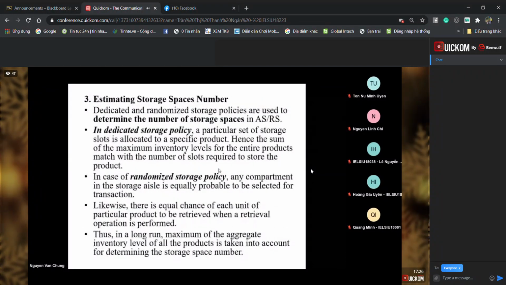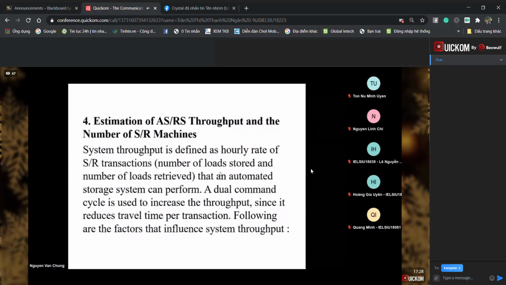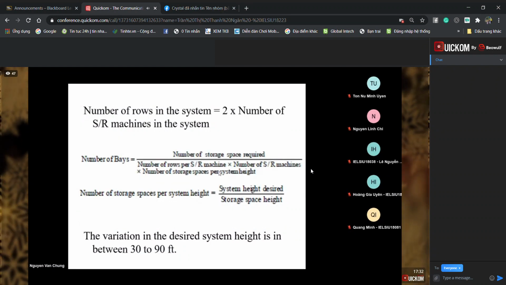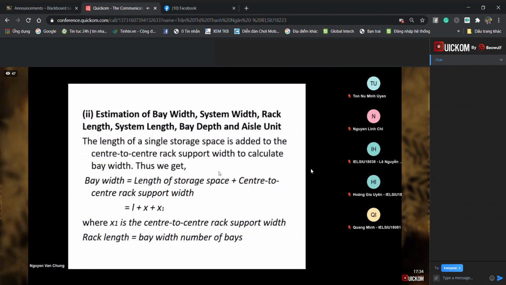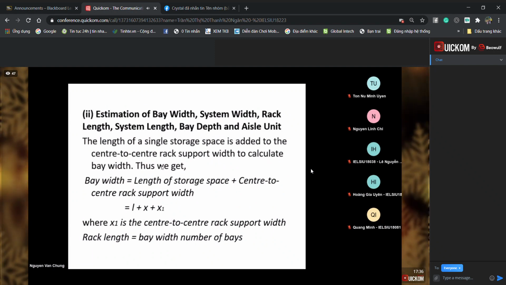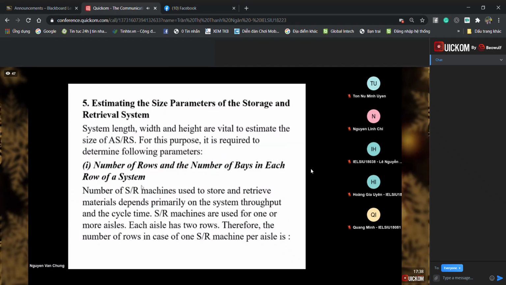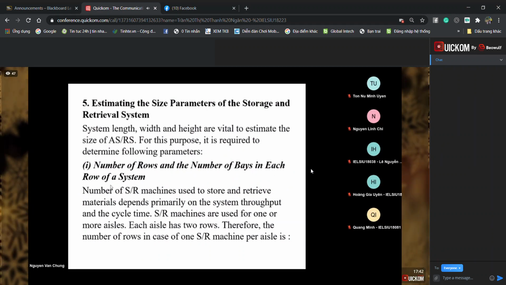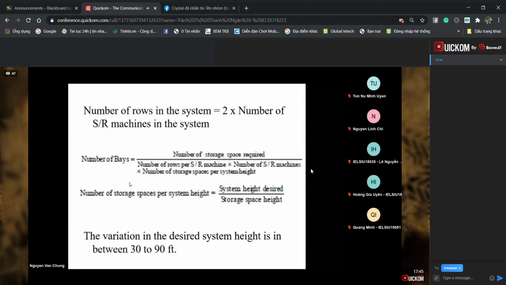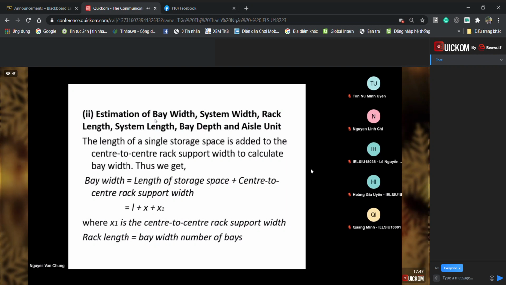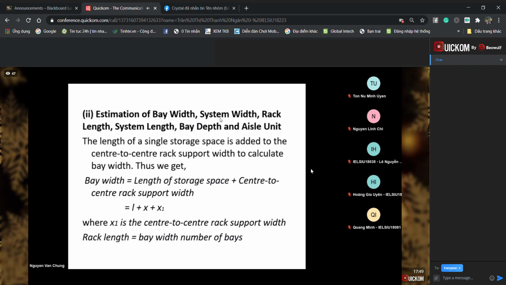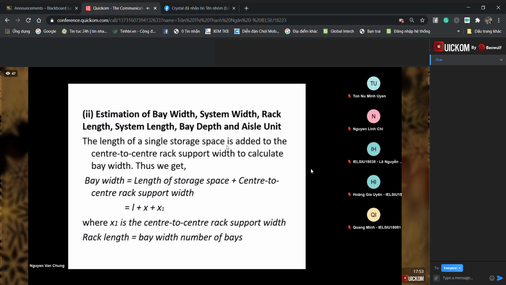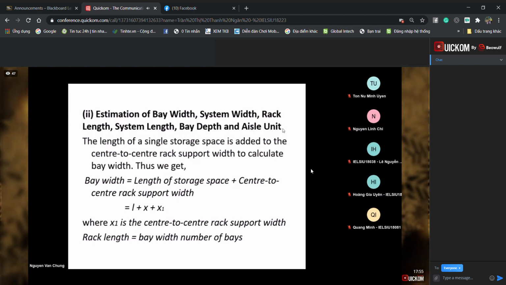Okay, now the next is the number of rows and the number of bays in each row of the system. Now the estimations of bay width, system width, rack length, system length, bay depth, and IO unit.